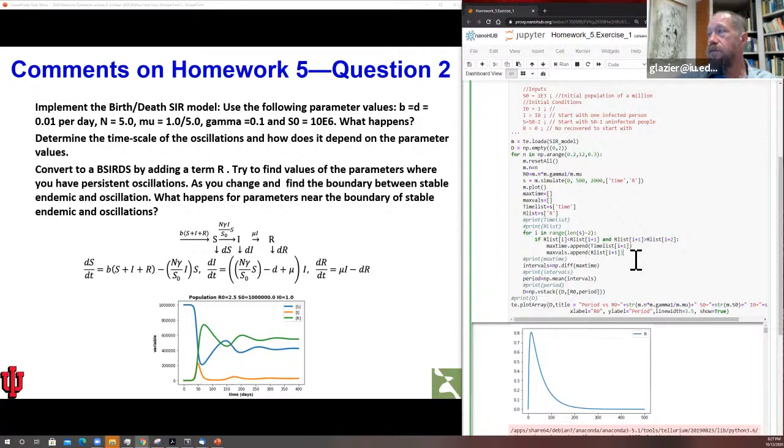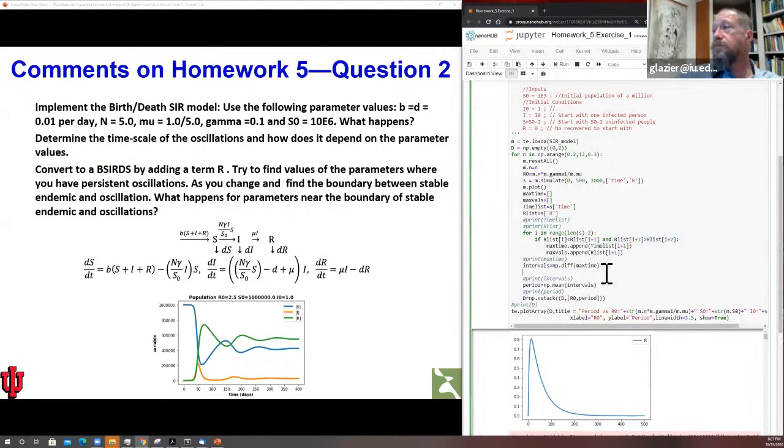So I now have the values of the peaks successively. And I can do the same differencing that I did before. So I had intervals equals np dot diff.